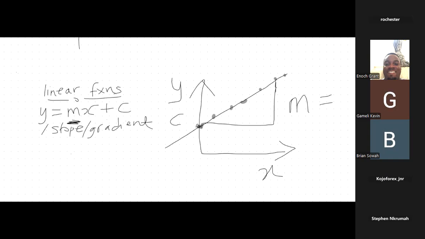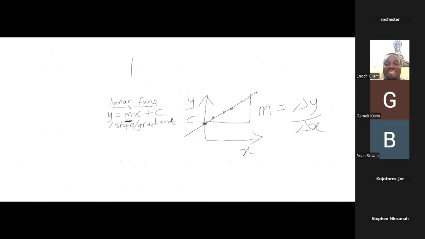Let me continue. So m here, if you want to find the slope of this line, is given by delta y over delta x. And that is what we have been calling change in y over change in x.